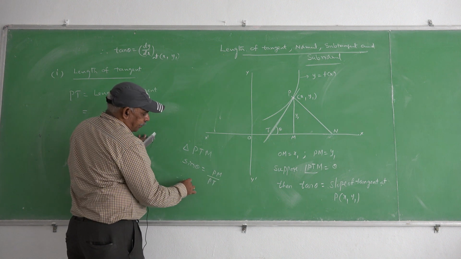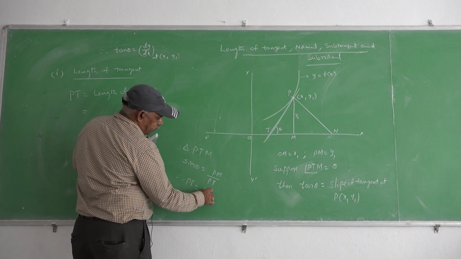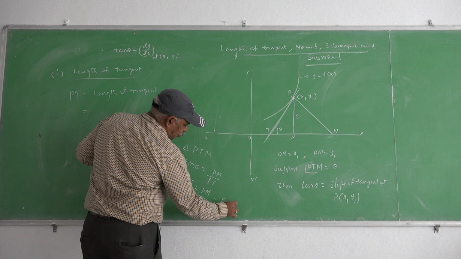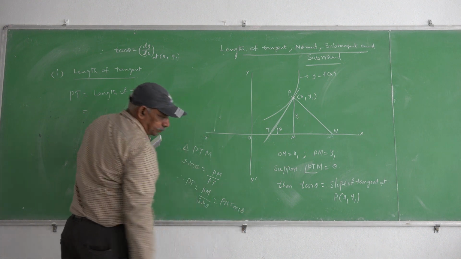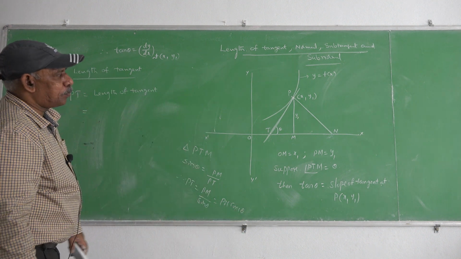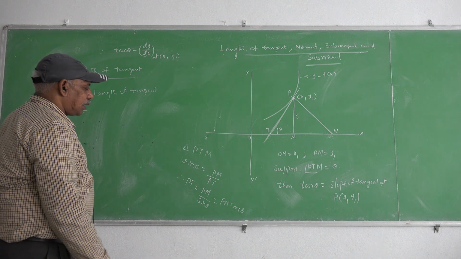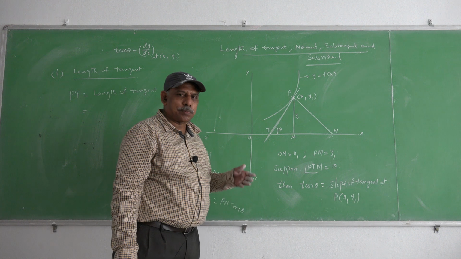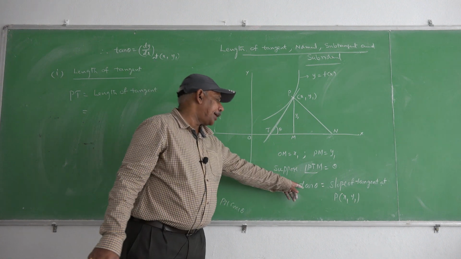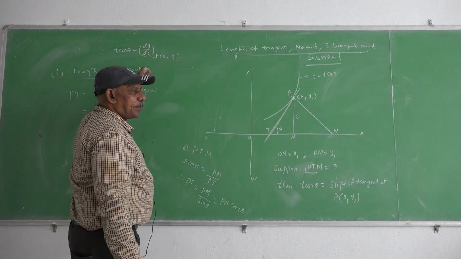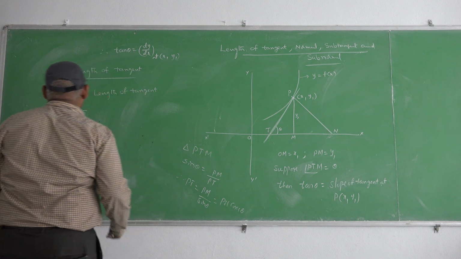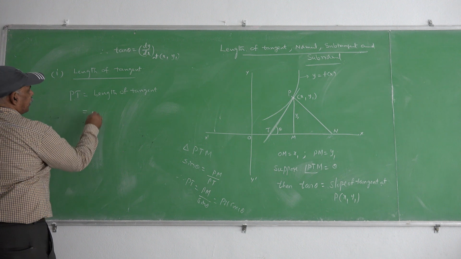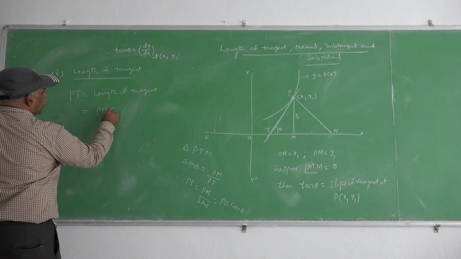So PT is PM by sin theta, which is PM cosec theta. Here cosec theta may be expressed in terms of tan theta, because tan theta is already given by dy by dx. Hence PT, the length of the tangent, is given by PM cosec theta.